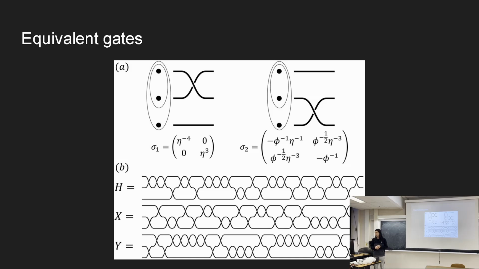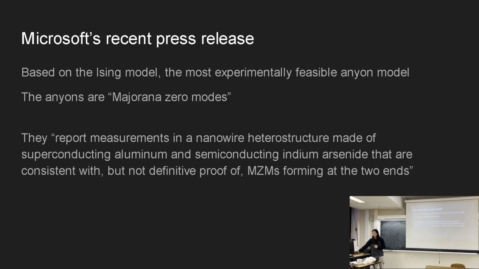We're actually talking about the Ising anyon model, which is what Microsoft is working on. The Ising model is considered the most experimentally feasible anyon model, and it's based on a type of anyon called the Majorana zero mode. And in their recent press release, they said that they made progress.